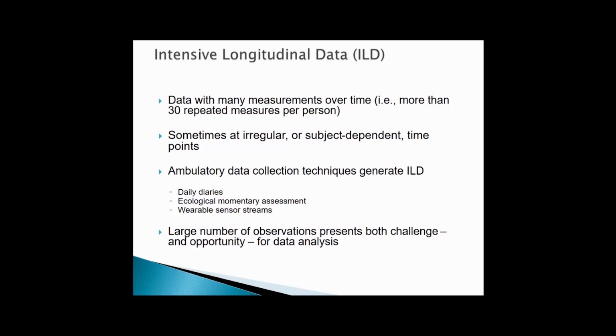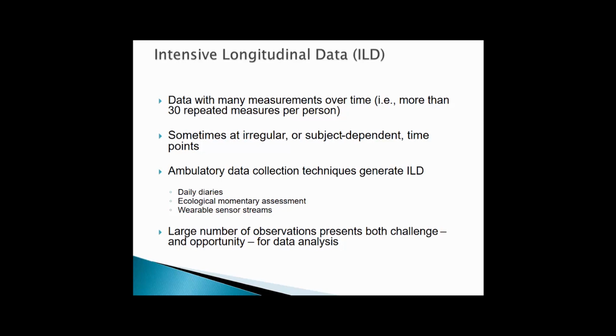So what kinds of collection techniques generate intensive longitudinal data? There are quite a few, and they fall under the general realm of ambulatory assessment strategies. Things like daily diaries, where we assess a person once a day, perhaps at the end of the day, giving a retrospective report of their day, or perhaps at the beginning of the day, asking them about the day before.